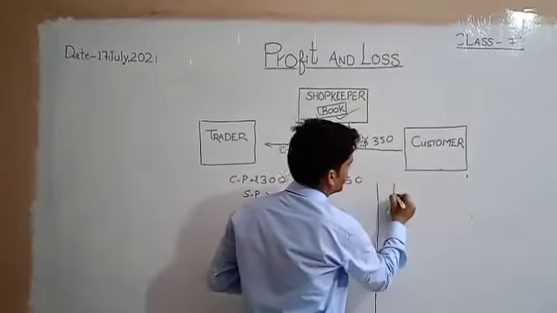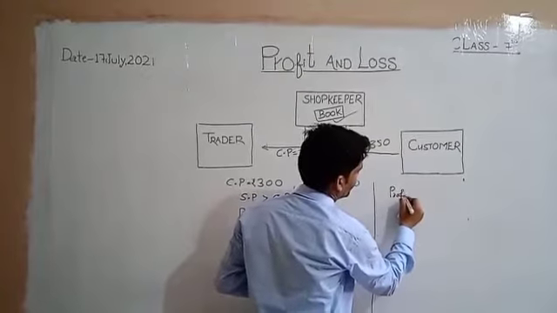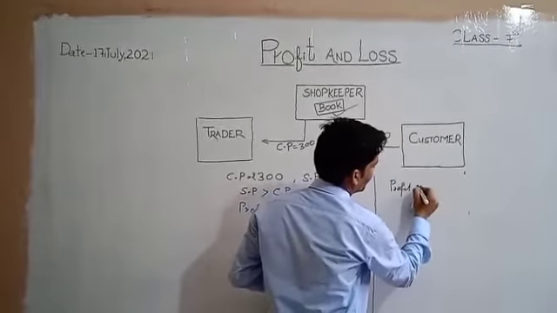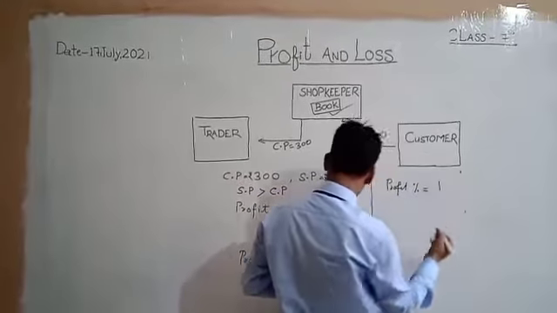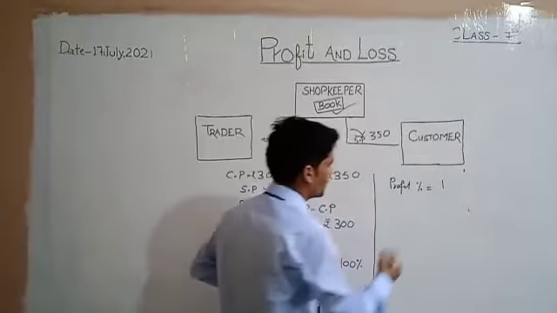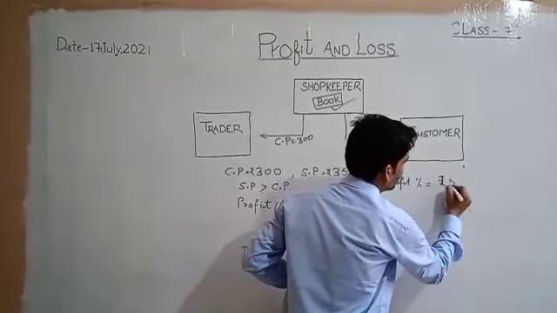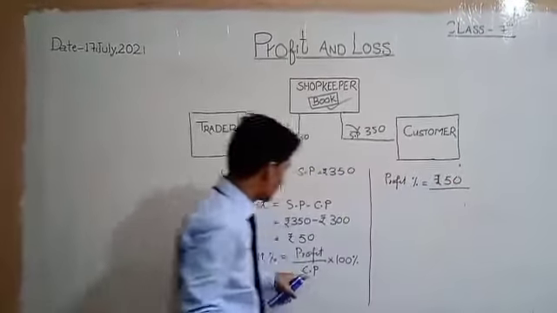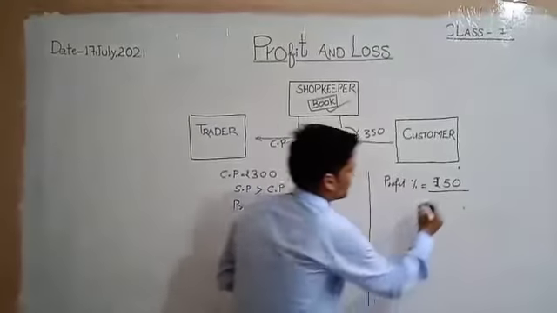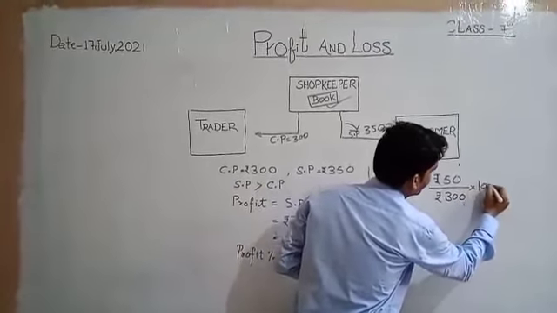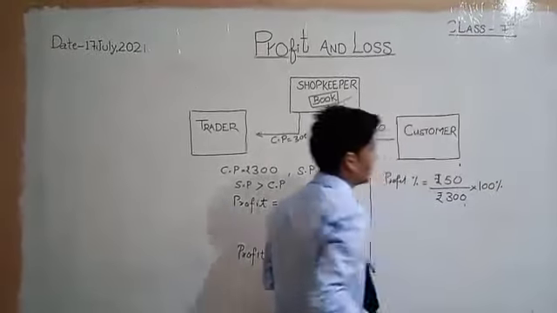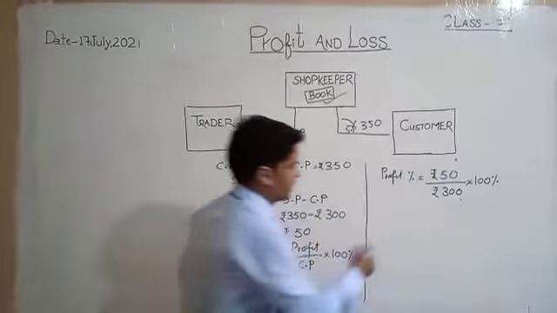Profit percentage is equal to profit, that is your 50 rupees, and cost price is your rupees 300, multiplied by 100%.